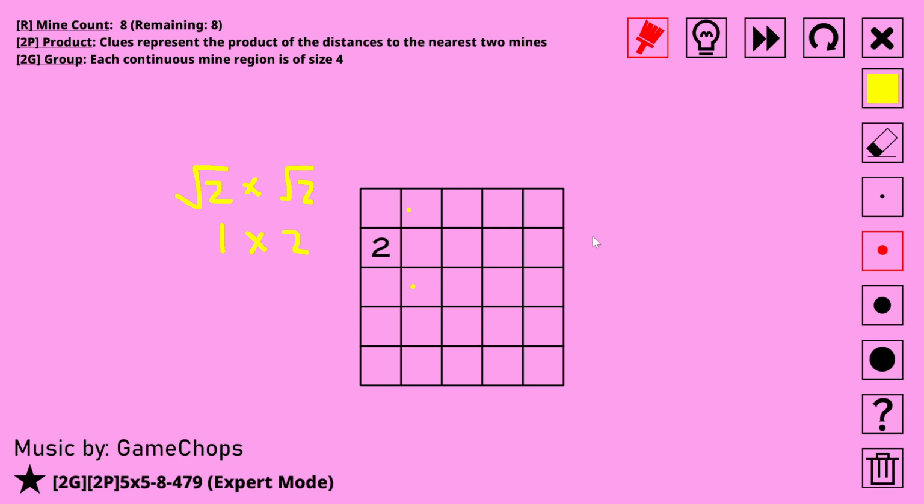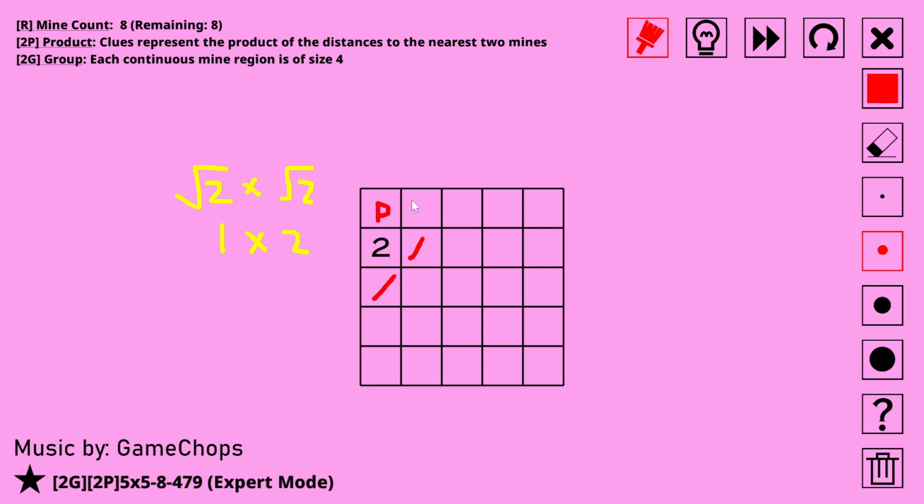Right. And therefore this can't be mine. Because if this was mine, then you're saying that it can't be root 2 times root 2 because you already have 1 that's 1 away. Therefore, it will be the closest mine to it, which is not a distance of root 2 away. So if there was a mine here, we can therefore basically say that whichever mine provides the 1 is already there. None of these can have mines.